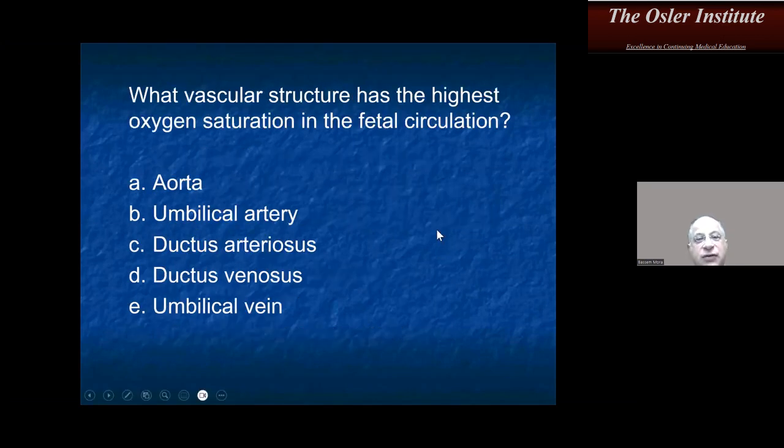All right, what vascular structure has the highest oxygen saturation in the fetal circulation? So we're talking about the fetal circulation, and you have to remember what is the structure that has the highest oxygen saturation. Well, it's the structure that's coming from the placenta, right? So then which one of these is the structure that's coming from the placenta?